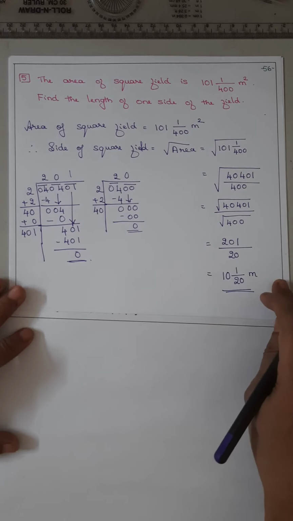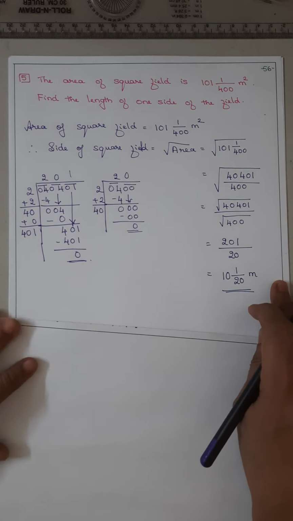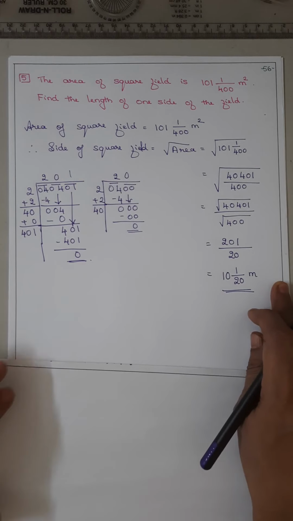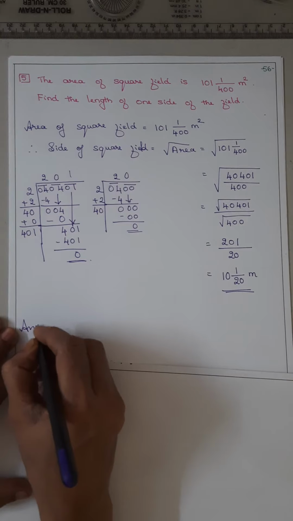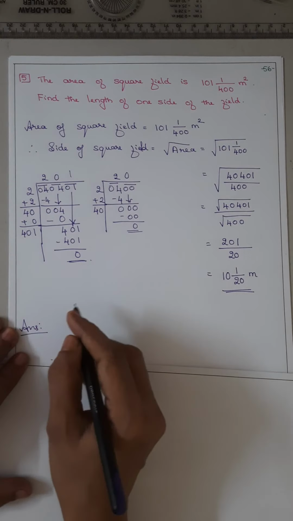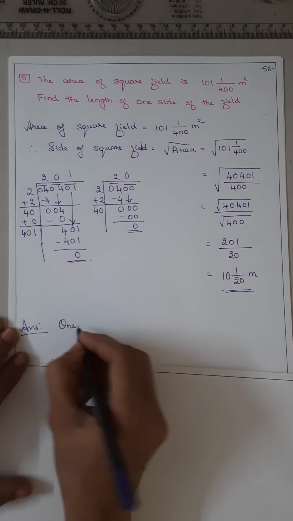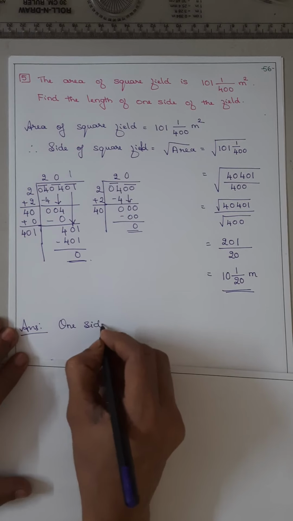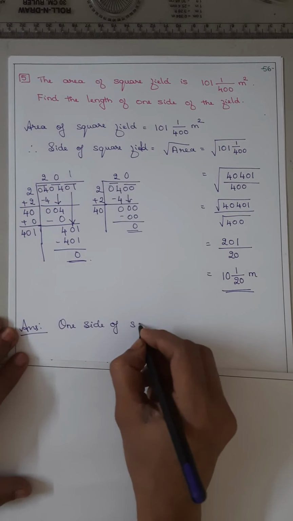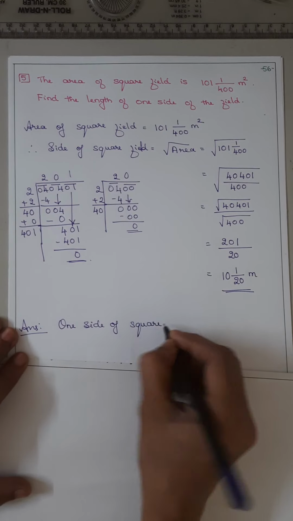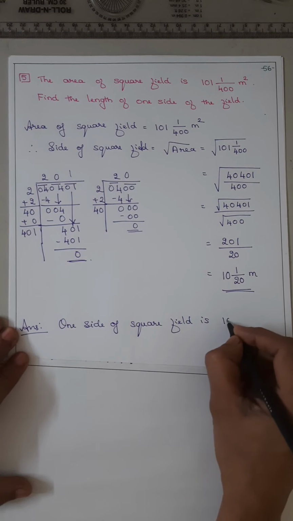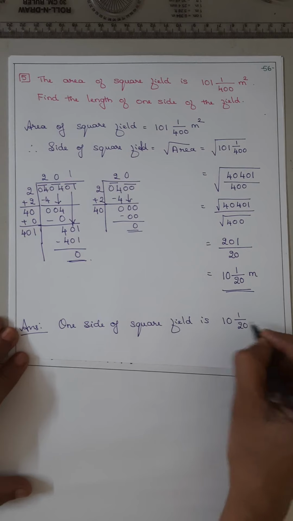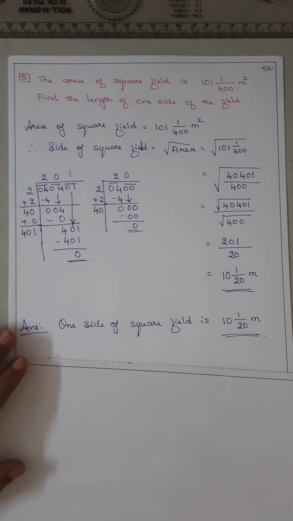Because it is in meter square, area is in meter square, so you have to write in meters. So answer, we'll write the length of one side of the square field is 10 1 by 20 meter. Is it clear?